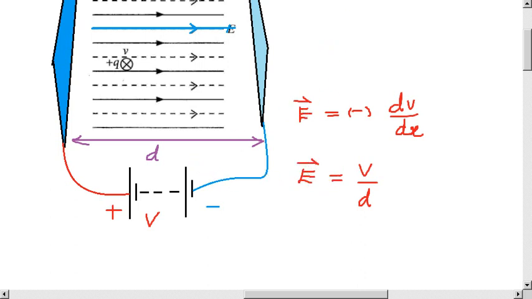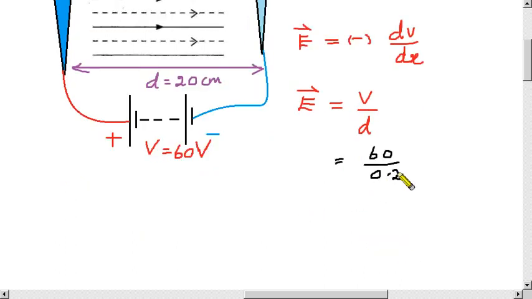So suppose this D is 20 centimeter. Suppose this voltage of the battery is 60 volt. Then let us calculate what is the field intensity, E. So substitute those values: 60 volt divided by 0.2 meter, because 20 centimeter is 0.2 meter.